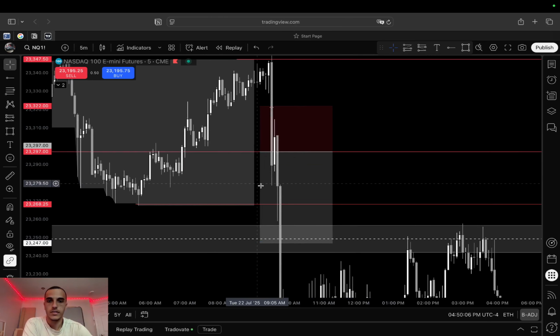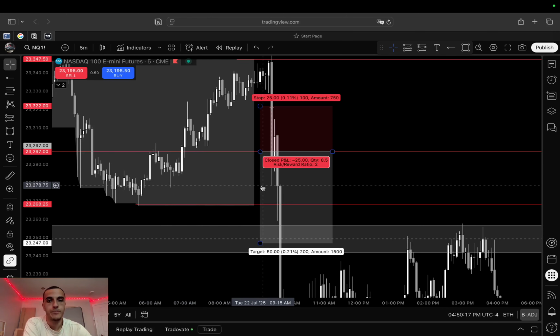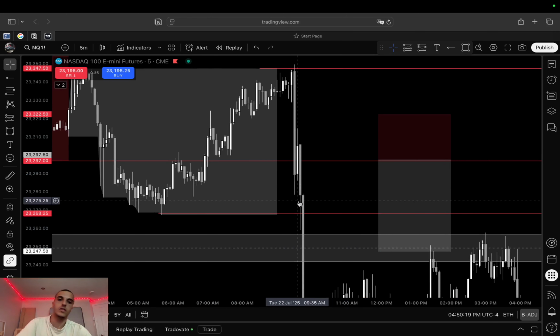So the lesson is: stick to your higher time frame for fair value gaps. This fair value gap already got filled, so I don't know why I even marked it in the first place. And then you guys might say, why did I take this as a rejection? The reason is I take the first setup that I see. First setup is break, retest of the zone.